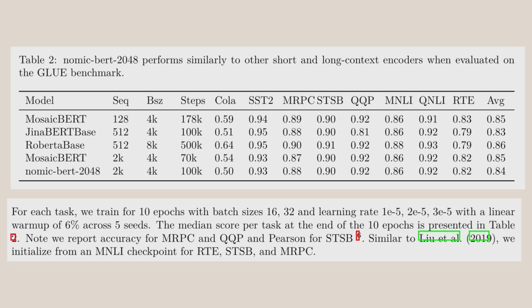So they train for 10 epochs, and they calculate the test score on the test set. So it's like a fine-tuning exercise followed by the test set evaluation. So that full process is what's considered the GLUE benchmark evaluation.